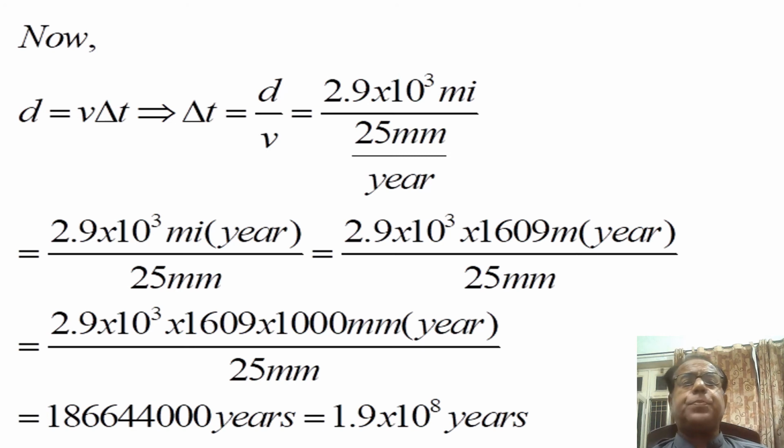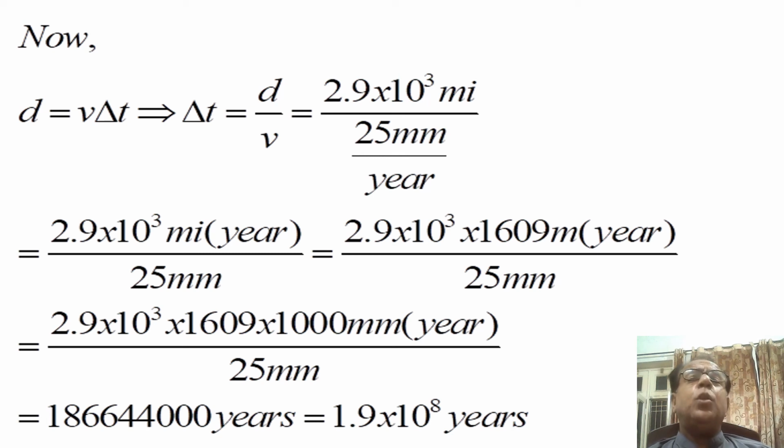In the next step, we will either convert 1609 meter into millimeter or 25 millimeter into meter, so that both will be in the same units and their units will be cancelled out.